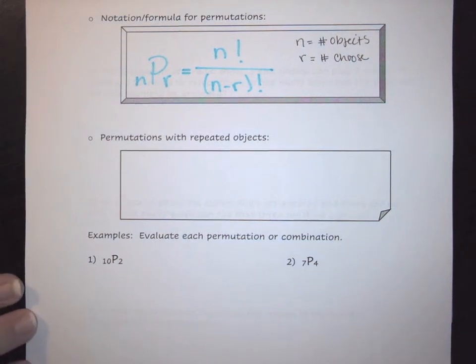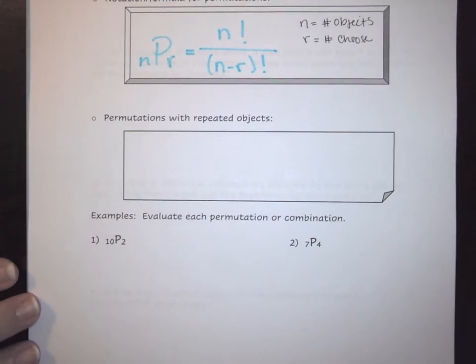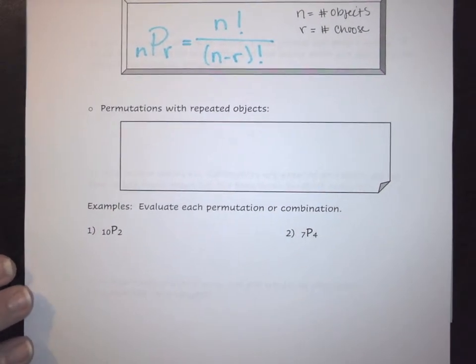Now, with that, we have a secondary formula, and this secondary formula we use when you have repeated objects. A classic example of repeated objects is if you have, say, a word that has quite a few of the same letter, like, for example, supercalifragilisticexpialidocious. Now, that's a really, really long word, kind of fun to say.